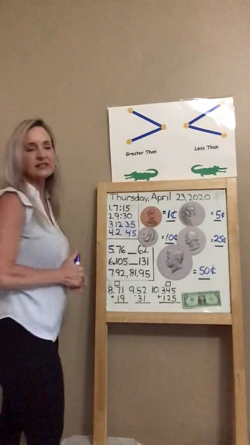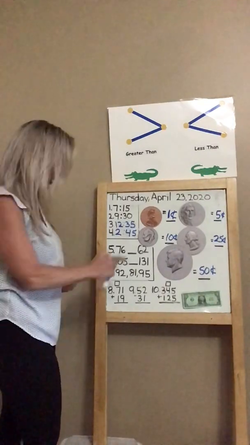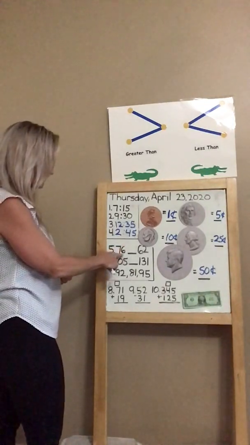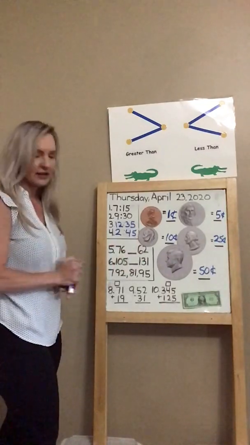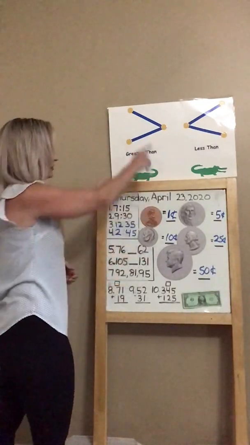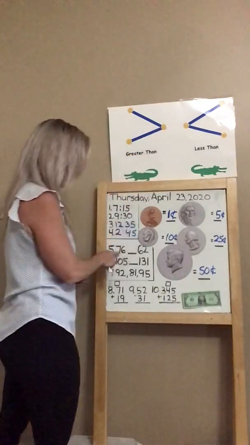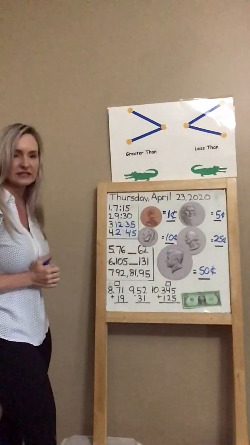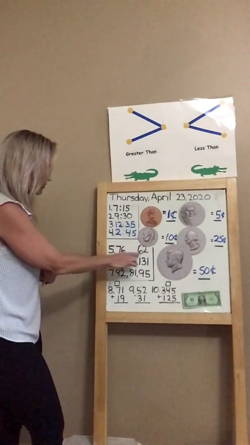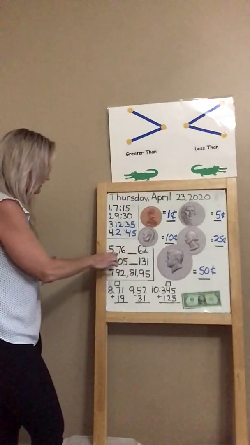I want you to go ahead and write these numbers on your whiteboard. You're going to write 76, 62. Now you can go ahead and use either your greater than or less than symbol to compare. 76 is what compared to 62? Remember, look at your tens place.